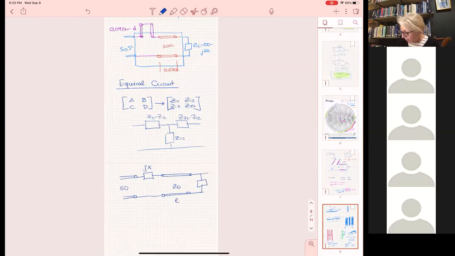Now the matching circuit is like this one, and let's assume that this is port 1, this is port 2.